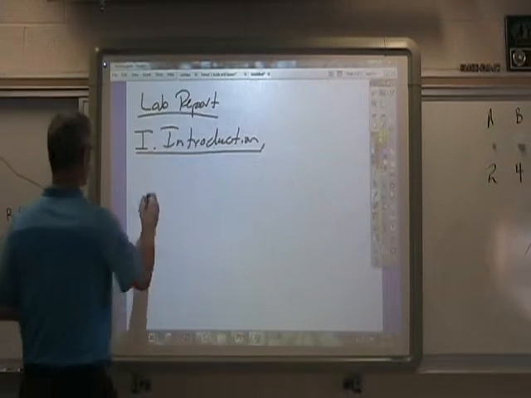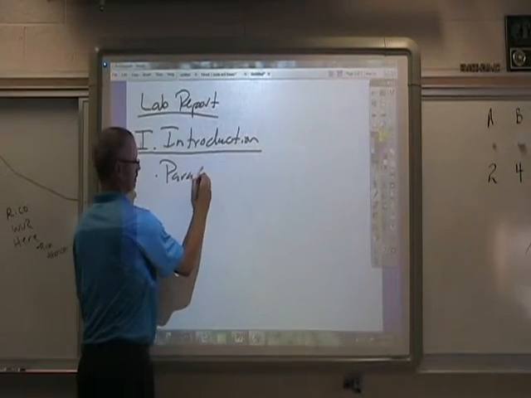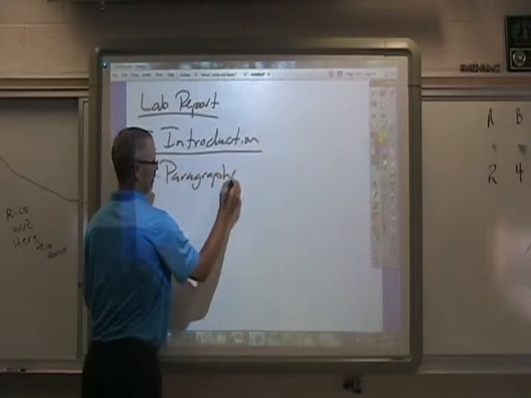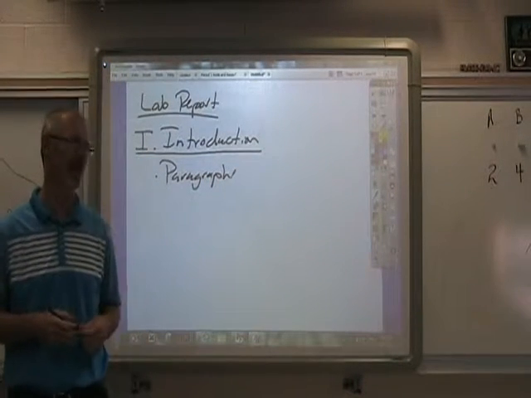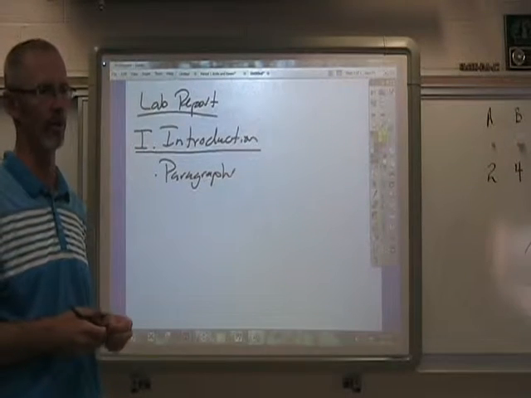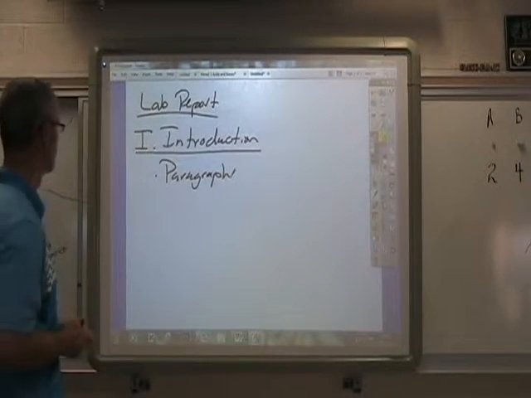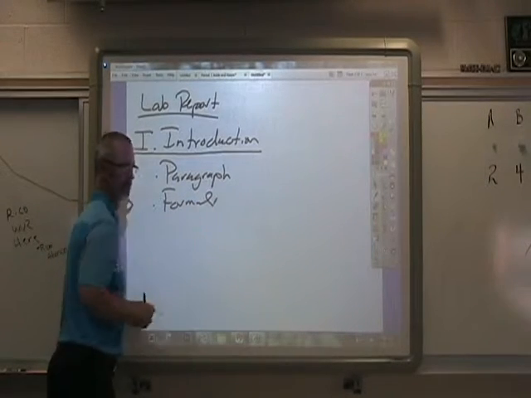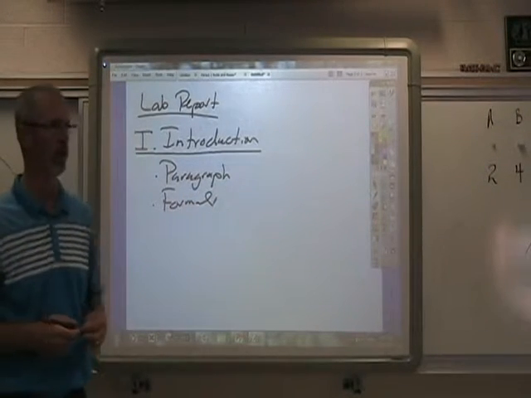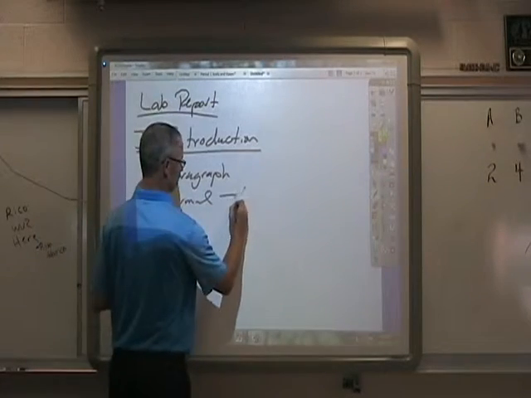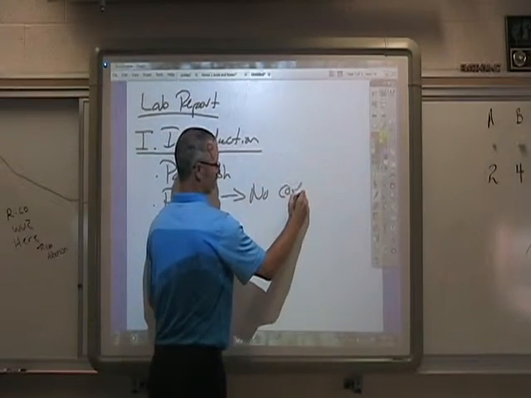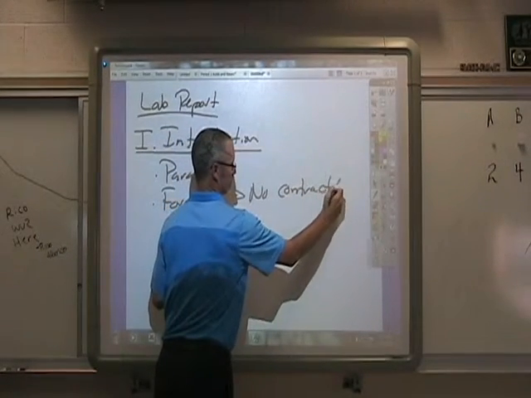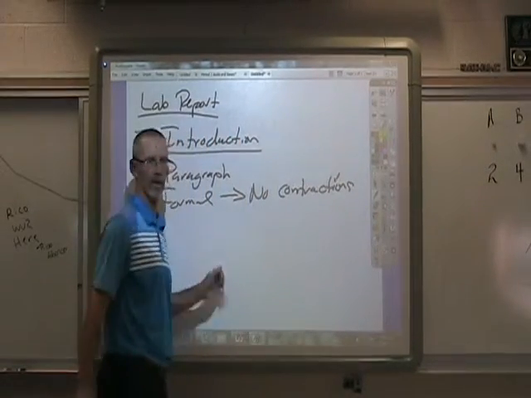Now this section will be in paragraph form. Grammar doesn't count entirely, but please make it look like you know what grammar looks like. Okay? It is considered formal writing. In formal writing, there are 2 rules. No contractions. Does everyone know what a contraction is?